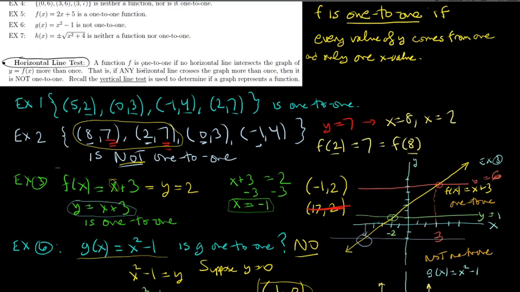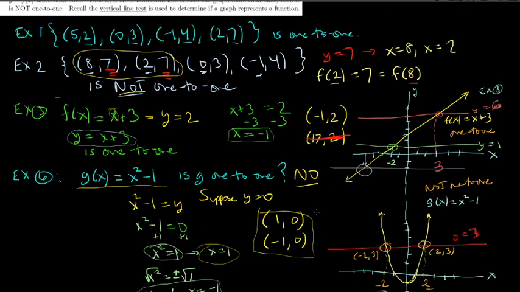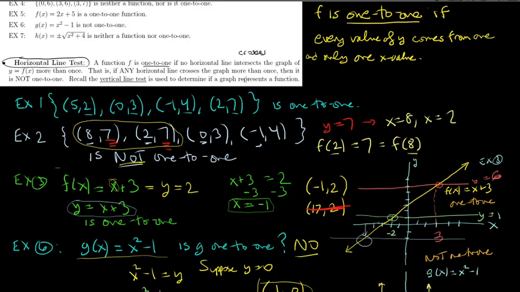A function is 1-to-1 if no horizontal line crosses the graph more than once. So here we had the graph of this yellow line, y equals x plus 3, and no horizontal line crosses more than once. In fact, all the horizontal lines cross just once. So that's why it's 1-to-1.